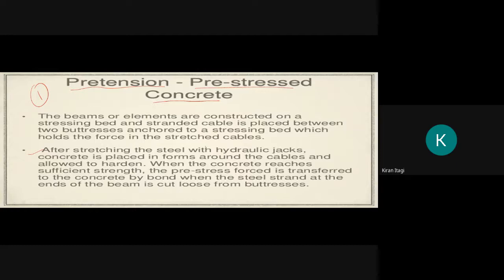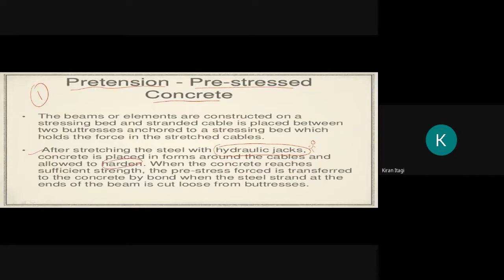After stretching the cable with the hydraulic jacks, not that a person will pull it, we have some different equipment, one of them being hydraulic jacks, concrete is placed in the forms around the cables and allowed to harden.